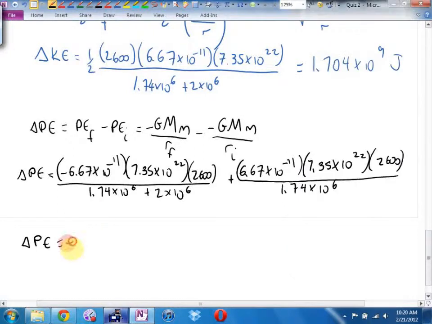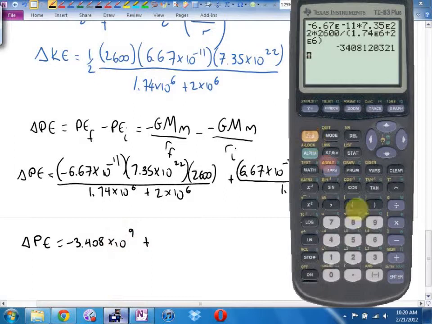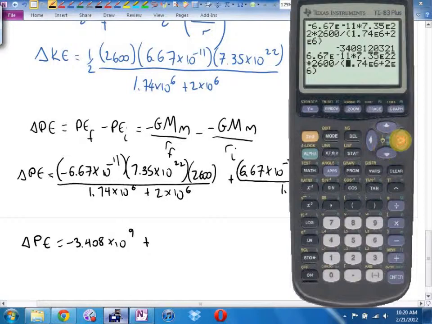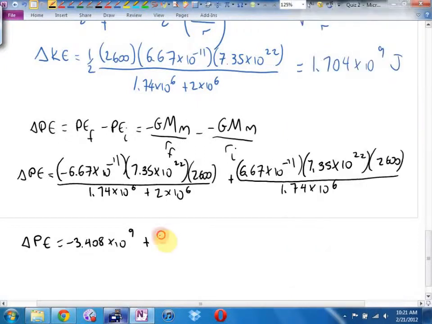So negative 3.408 times 10 to the 9th plus initial is going to be this same number except delete the negative and delete the altitude. 7.3255 times 10 to the 9th.